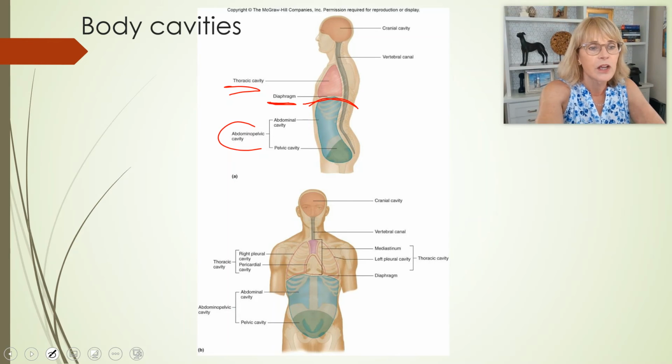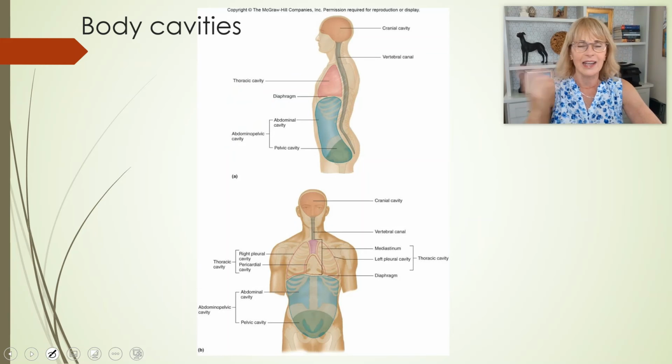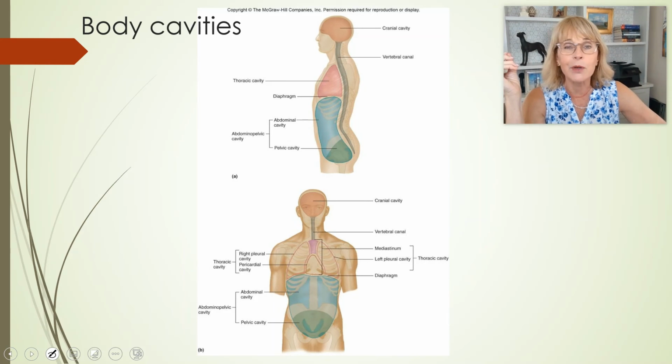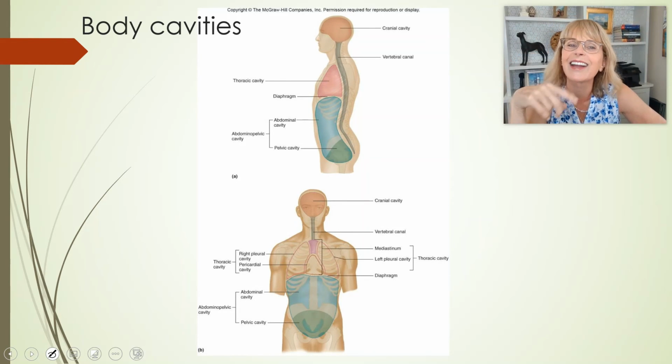So that's step number 1: the top part, inside your rib cage, the thoracic cavity, and the bottom part, the abdominopelvic cavity. By the way, abdominopelvic cavity is not the answer to any of my questions, all right?